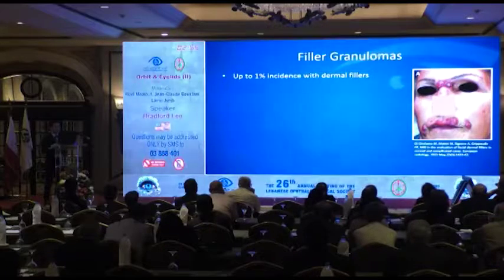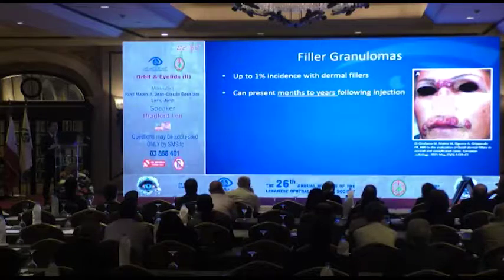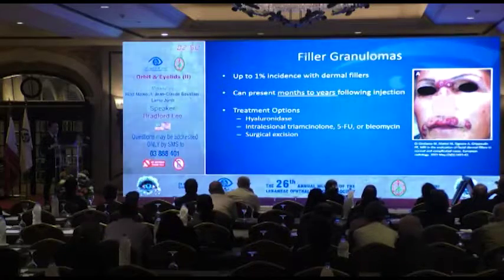But clearly, when patients are leaned back with their eyes closed, sometimes they don't even know where the provider is injecting the product. So she had fillers right in that region, and it was a filler granuloma presenting many years later. Filler granulomas have about a 1% incidence with dermal fillers. They can present months to years following an injection.